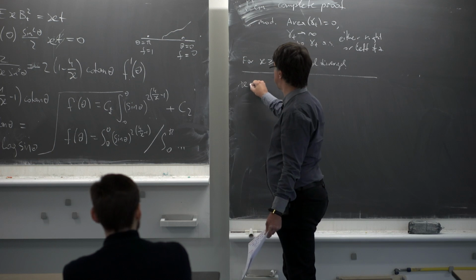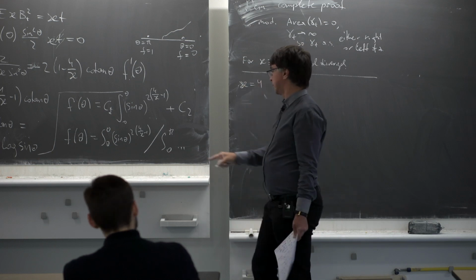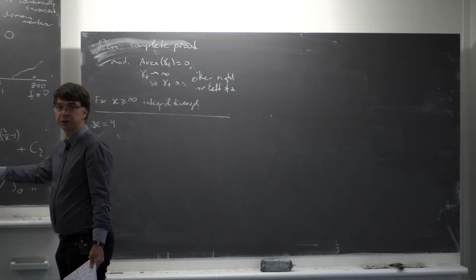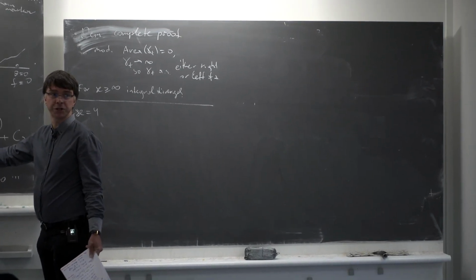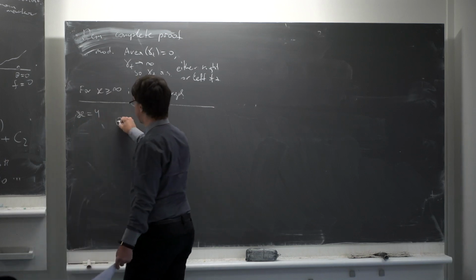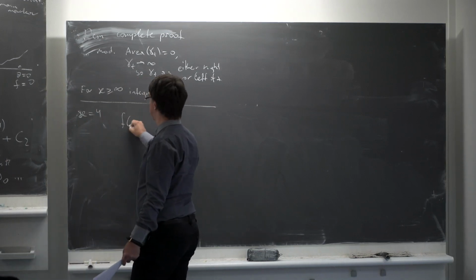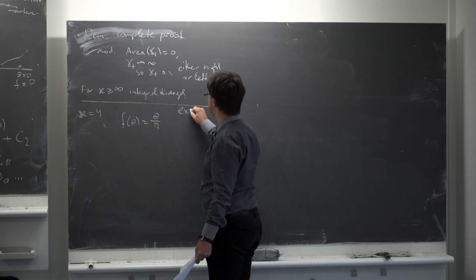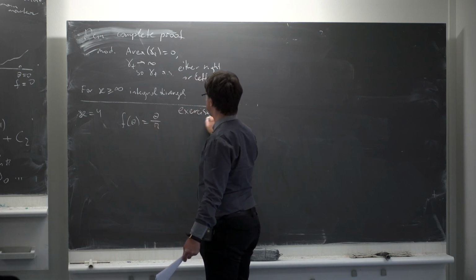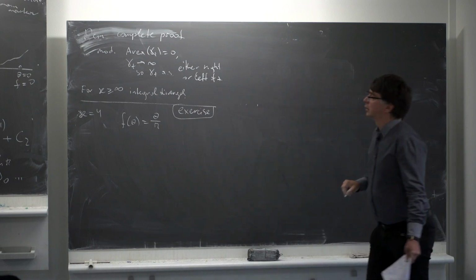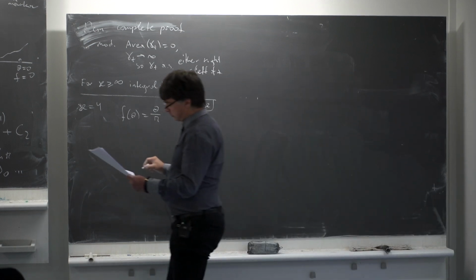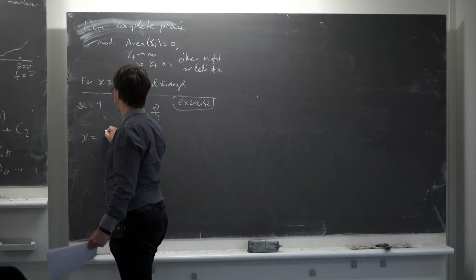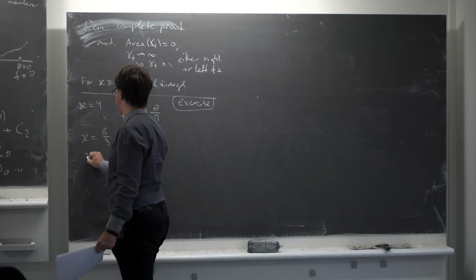So for example, kappa equal 4, the power is 0, so you integrate a constant. So you just get theta. For kappa equal 4, you get that f of theta is theta over pi. Maybe let me just leave it as an exercise: you look at this function and establish the form. Kappa equal 4 is easy, kappa equal 8/3 is easy, and kappa equal 2 is easy.